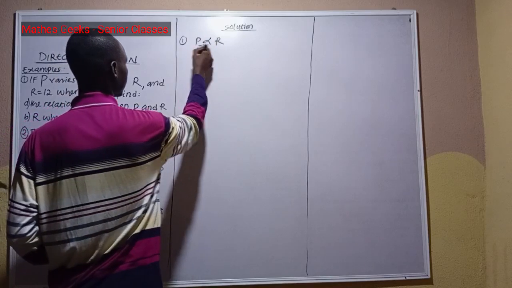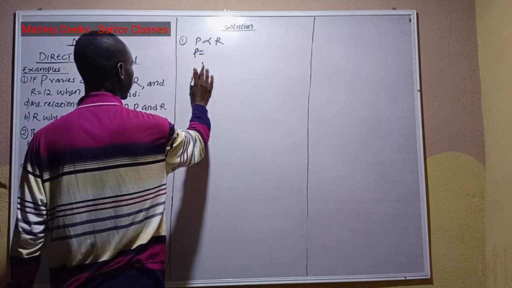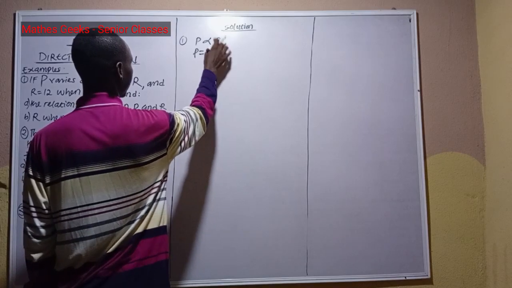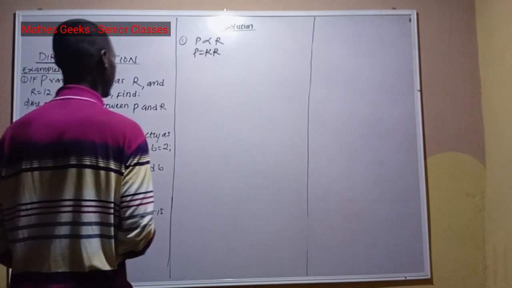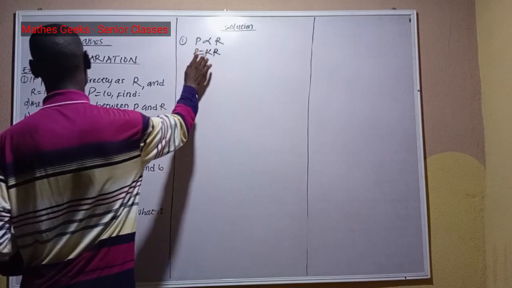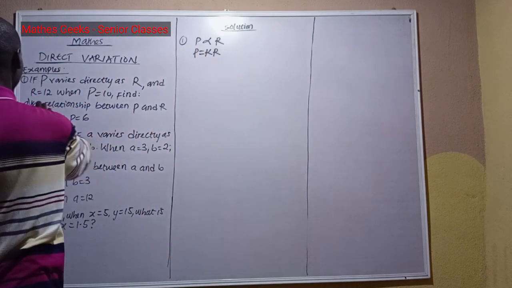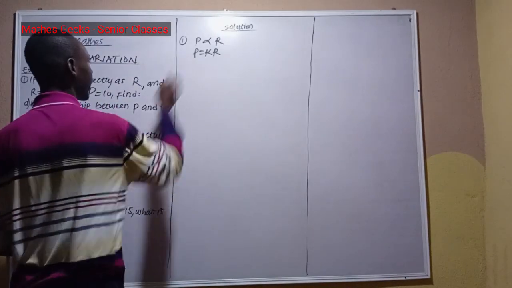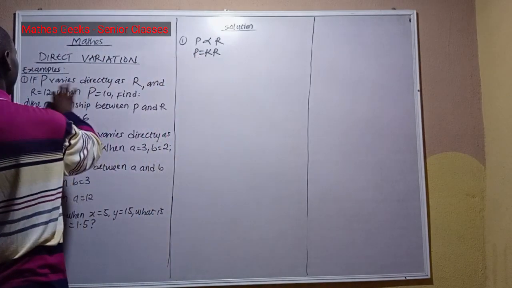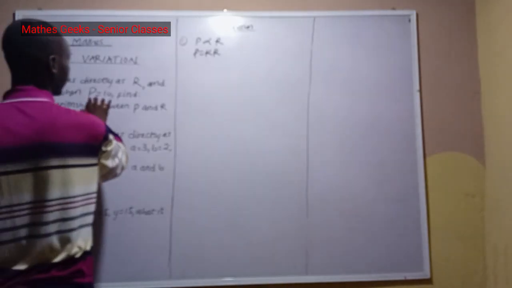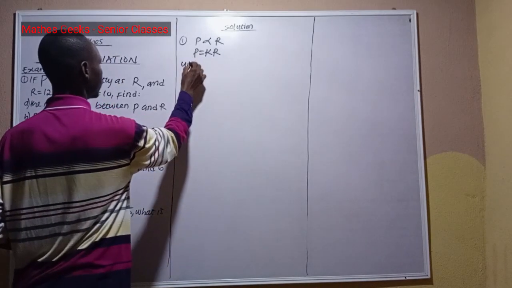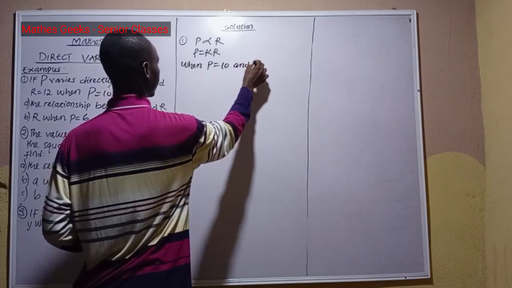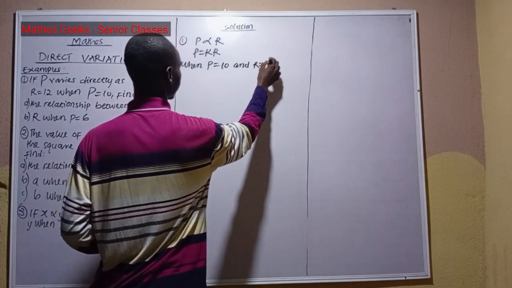Next, we bring in our equality sign, and then our constant of proportionality multiplied by R. The next thing is to find the value of K, because the question asks for the relationship between P and R. To get K, the question provided the values: P is equal to 10 when R is equal to 12.